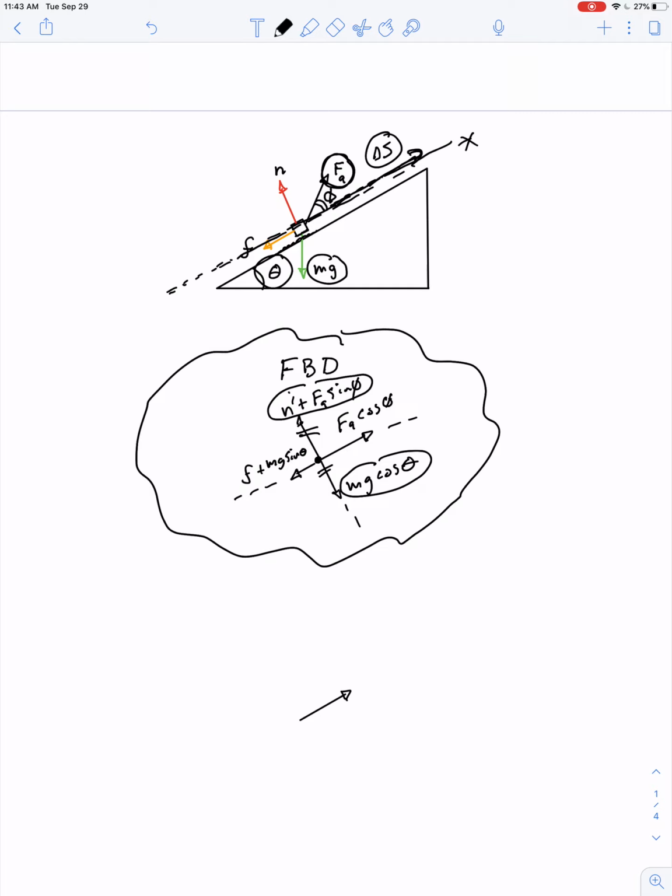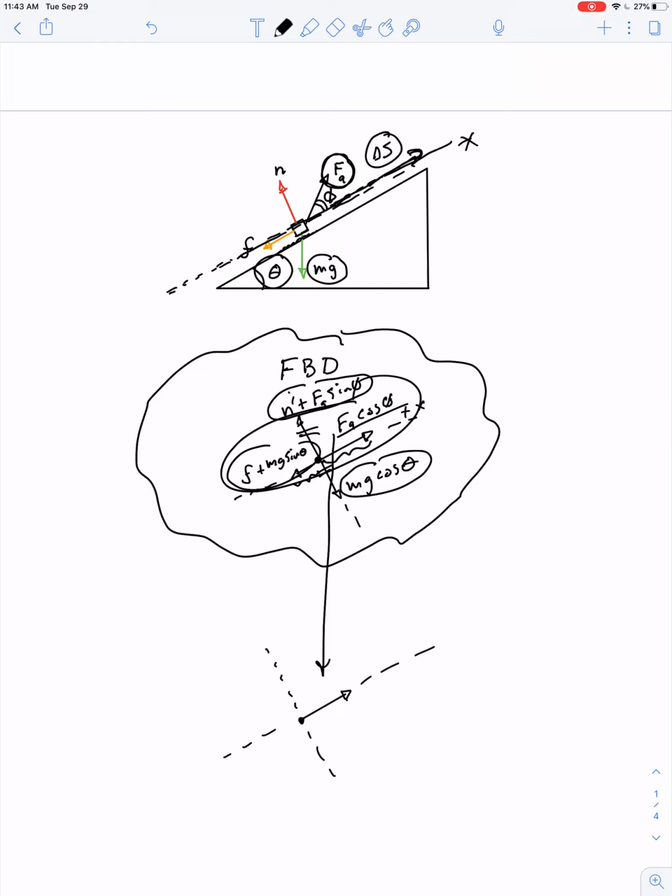So now you're left with a larger amount of force in the positive x direction, F cosine phi, and a smaller amount of force due to friction and mg sine theta back the other direction. And so we can make one single overall amount of force that simply points in the direction of the positive x-axis. I'm sure you can come up with some sort of algebraic expression based on these, but we don't need to actually name this vector.